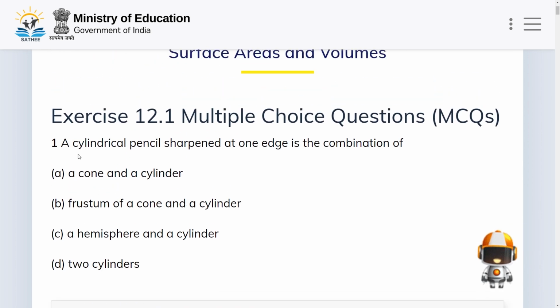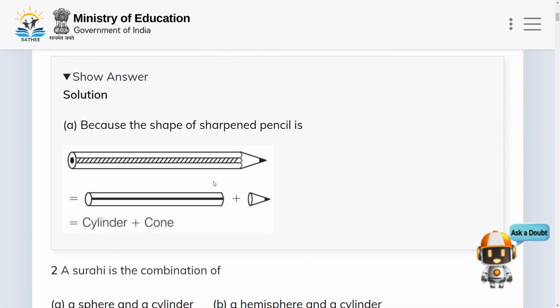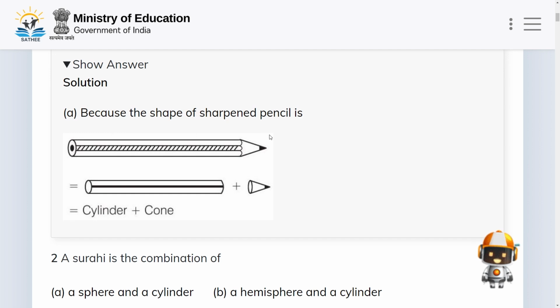This solid, the cylindrical pencil sharpened at one edge, is the combination of a cylinder and a cone. So this portion is a cylinder and this portion is a cone. You can divide the shape of the sharpened pencil into two parts: one is a cylinder and the other is a cone.